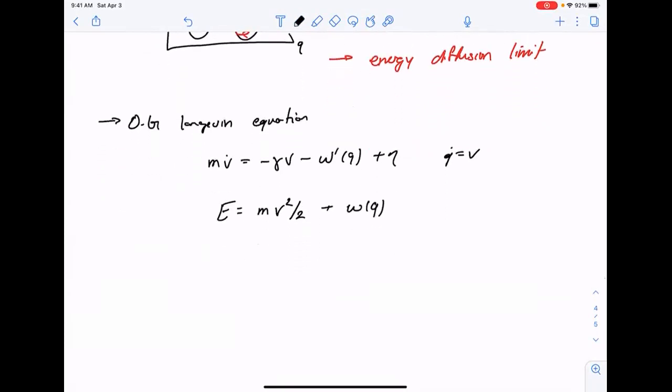The joint equations of motion, instead of in Q and V, but rather in Q and E, can be solved for. Q dot, now with energy being a dynamical variable, is given by the difference in the energy less its potential.